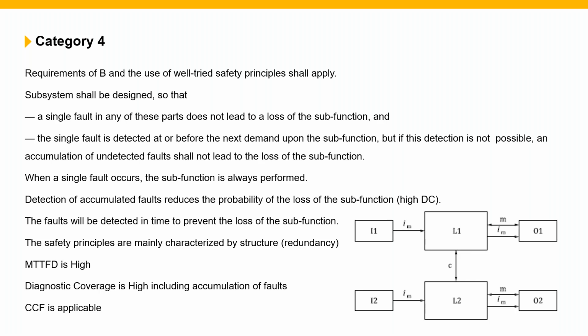To achieve this, we could claim a high diagnostic coverage. So we are going to detect above 99% of all failures, and we have a high MTTFD of all our products. So this is what's required to achieve performance level E with a category 4 architecture: high MTTFDs and high diagnostic coverage.